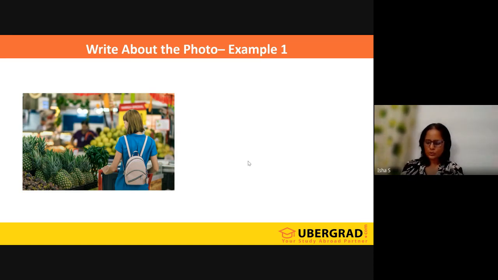Yes. The photo shows the lady is in a supermarket. Any more answers? Please put it in the chat box. What do you see? Very good, you're using prepositional phrases. Few more answers. Any more?